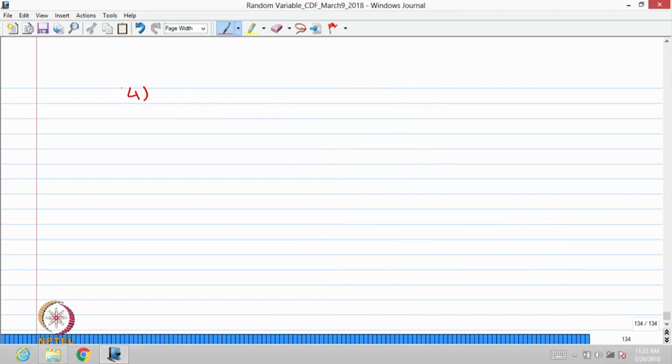Similarly, you can go on to find the probability density function of y. That is nothing but the integration of the joint probability density function with respect to x. So here the joint probability density function is greater than 0 when x lies between 0 to 1.